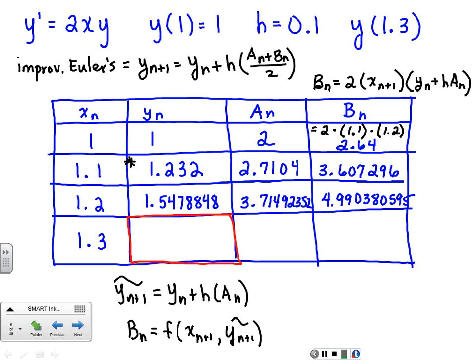Okay? So my last time with improved Euler's method, I'm going to follow this rule right here, and I'm entering mine backwards because it works better on my calculator.